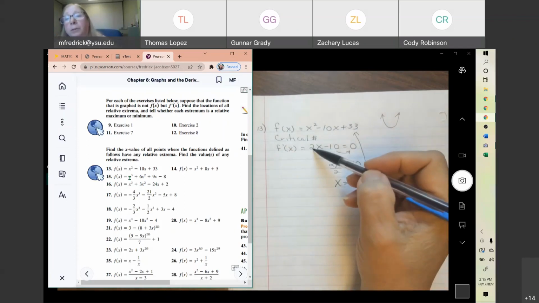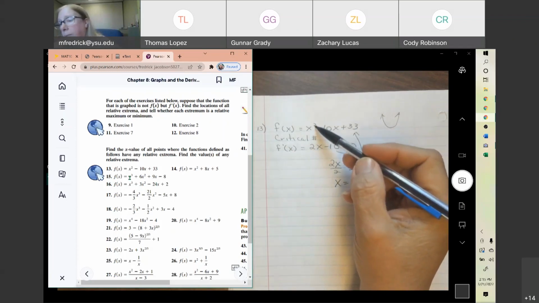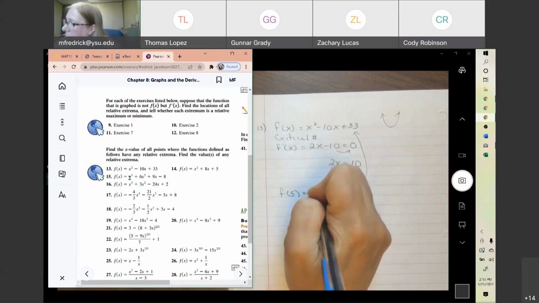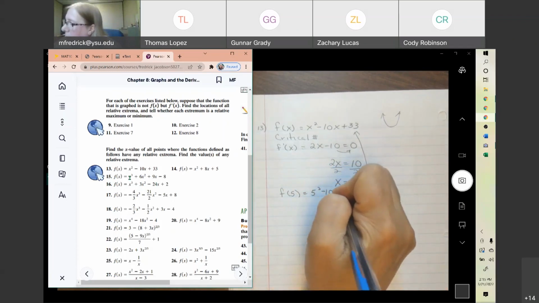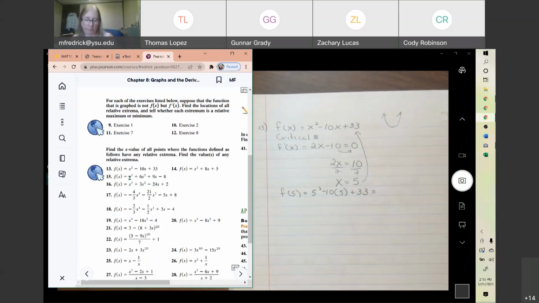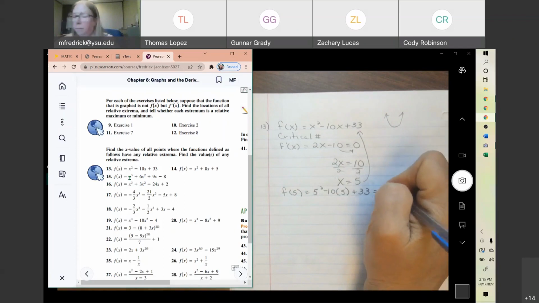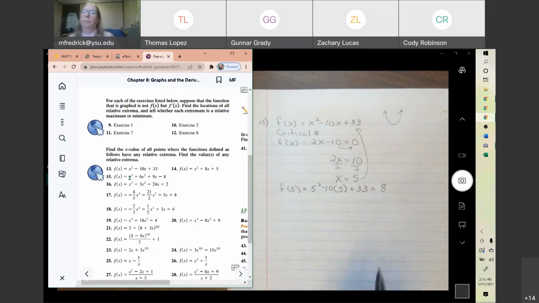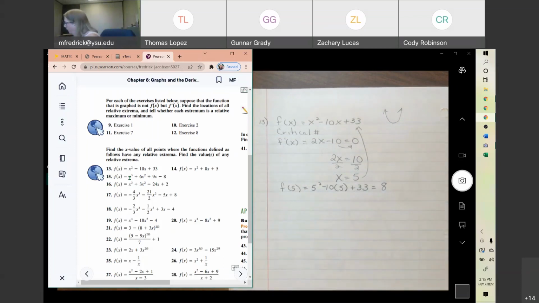So if we find f of 5, 25 minus 50 plus 33, we get 8. Is everyone getting 8? For some reason, I thought I got a different value when I did it earlier.